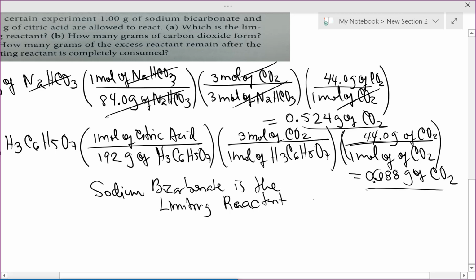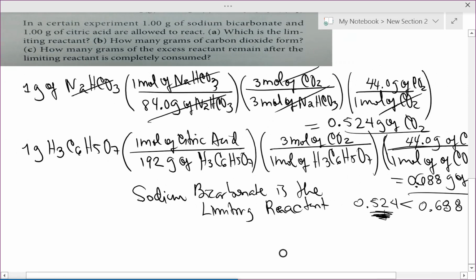Because 0.524 is less than 0.688, and this value right here we got whenever we assumed that sodium bicarbonate was the limiting reactant. So now let's solve part B.